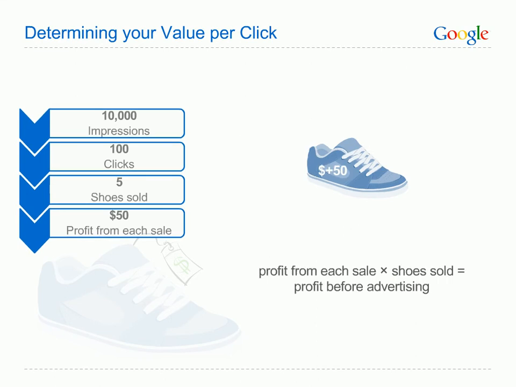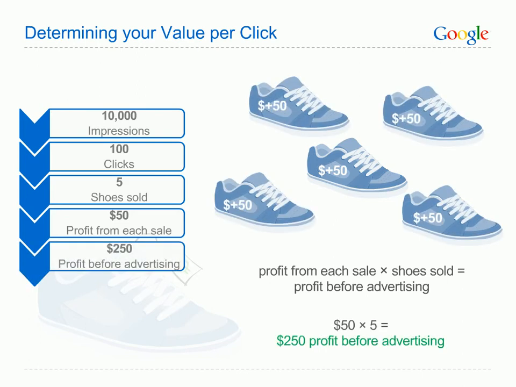Now, to calculate our total profit before advertising, we simply multiply the profit from each sale by the number of shoes sold. So, with the 5 shoes sold and $50 in profit per shoe, we've earned $250 in profit before advertising costs.